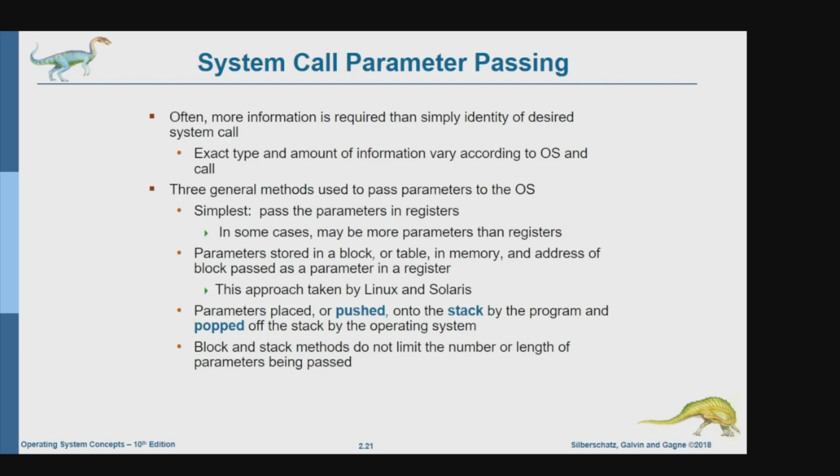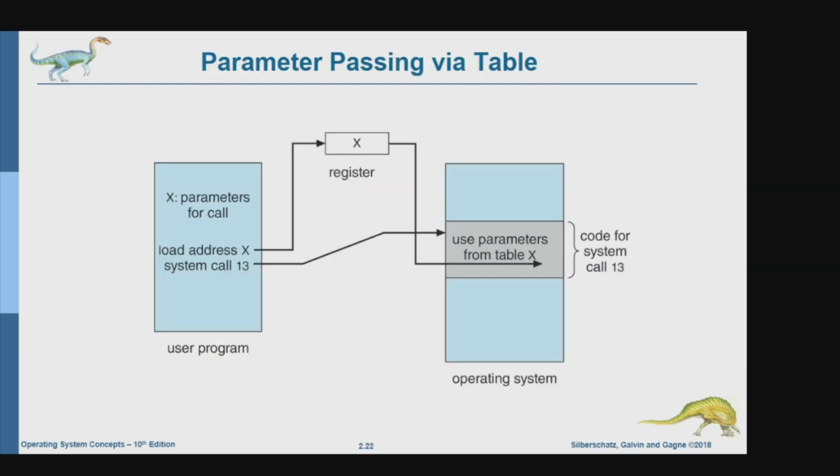So these are the general methods that we use in order to pass the parameters to the OS. Different operating systems use different methods, but we talk about the general process, what happens in general. Okay, this diagram will show you the parameter passing via the table. We have the operating system, we have the user program, we have the register. In the user program, X is the parameters for the call.